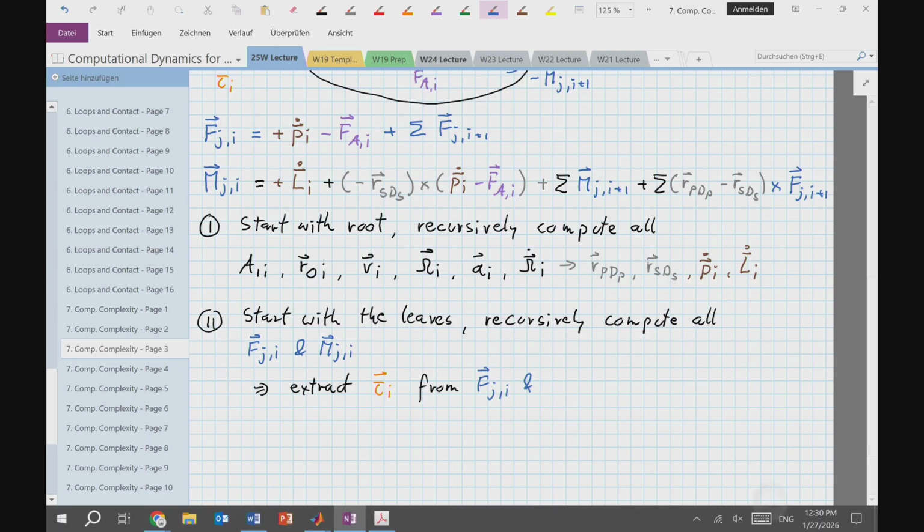I'm basically just extracting the active components of these 3-dimensional components. And that I do once I have computed an Fj, right? So I have to do this once per joint, to go from 2 3-dimensional quantities to something lower dimensional, whatever the number of motion primitives it is. But again, it's not something that scales with NQ. We just have to do it once per joint, which means the overall complexity scales with order n.